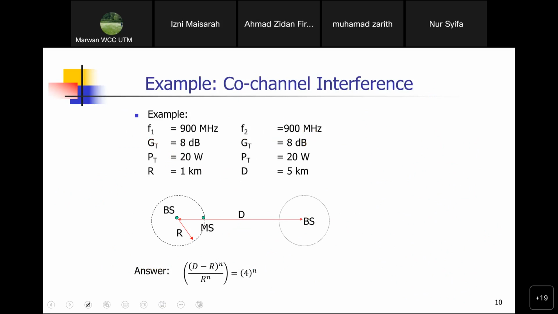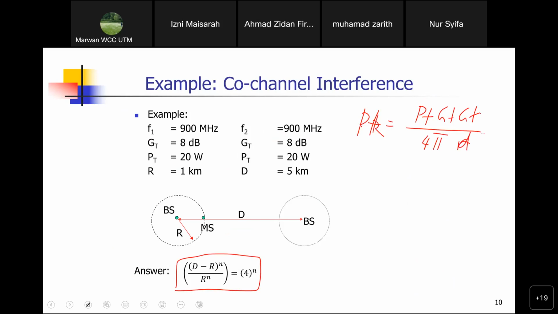If the example gives you everything, they give you frequency, GT, PT, R. The main reason is it only depends on D. Because our received power is PT, GT, GR, then over 4 pi and the distance to the power of n.